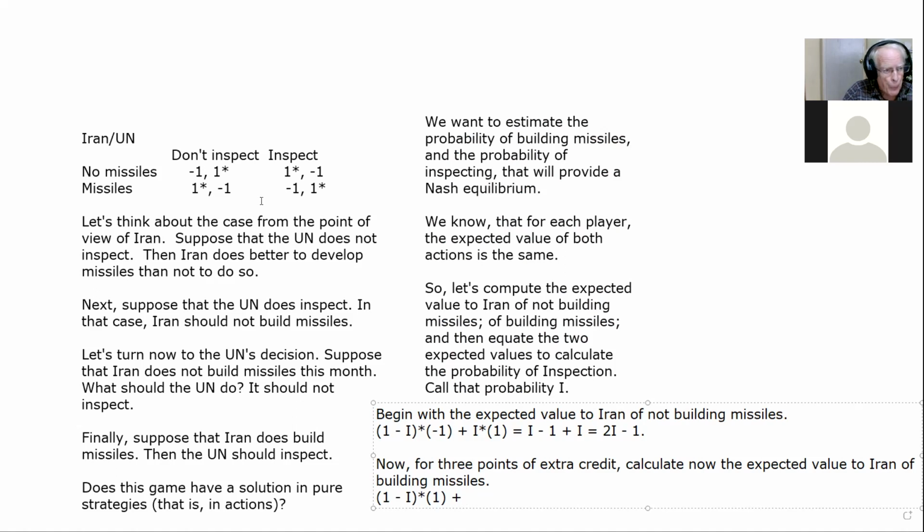The second possibility is that the UN does inspect, with probability I. If that happens, and Iran has built missiles, it will lose 1 political point.